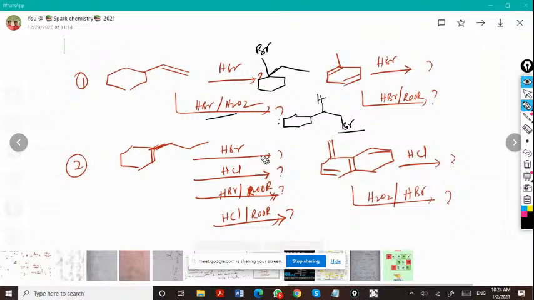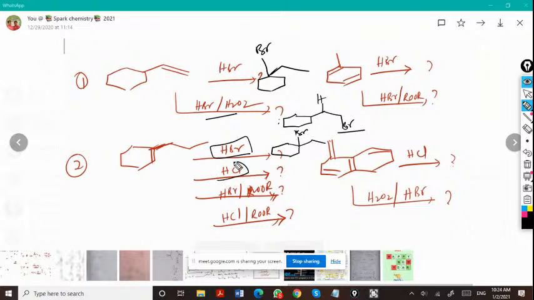Okay. So next, if it is simple HBr, it will be an electrophilic addition reaction. So the most stable carbocation will be tertiary and the addition will be at the tertiary carbon.